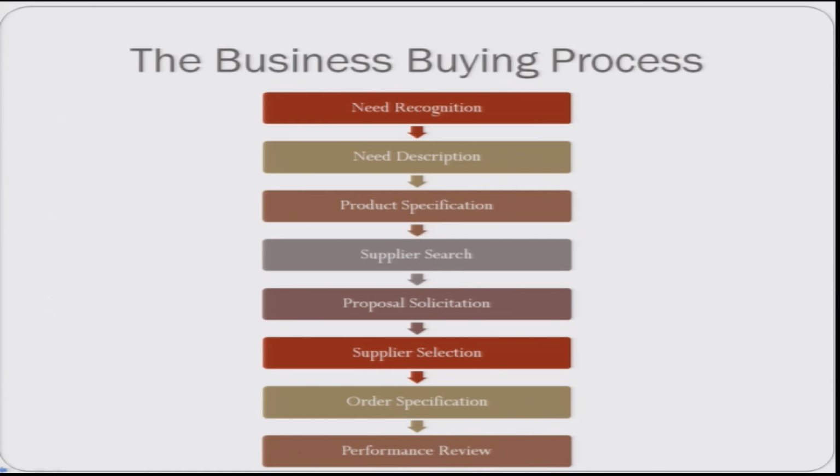As you can see on the slide, again it starts with need recognition. The user tells you what he needs. Once the user understands that he needs a product, the next thing is that information is gathered about the description of that need. If I want to purchase a laptop for my research associate, I have to describe the product.